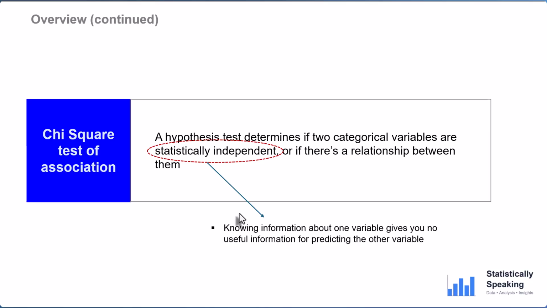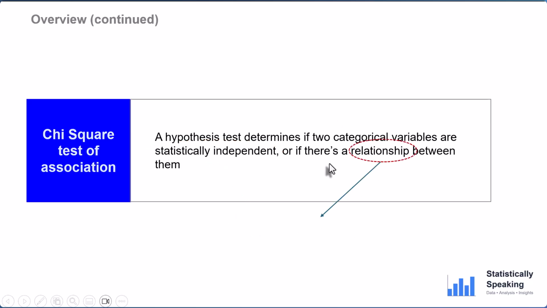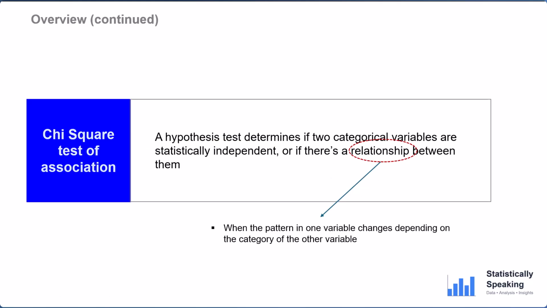And then let's look at a related concept called relationship. What relationship means is that the pattern in one variable changes depending on the category of the other variable. So as an example, different age groups might show different preference patterns.